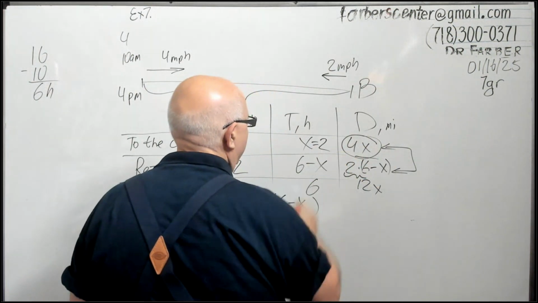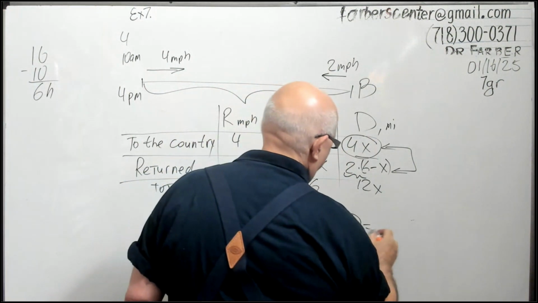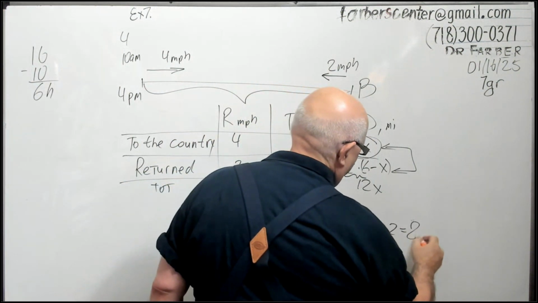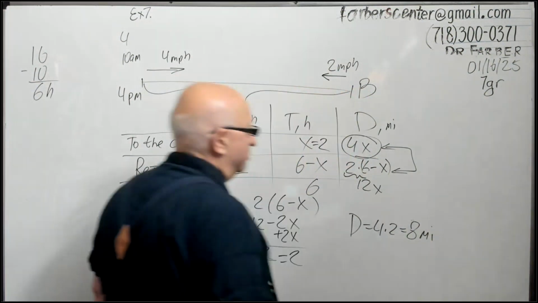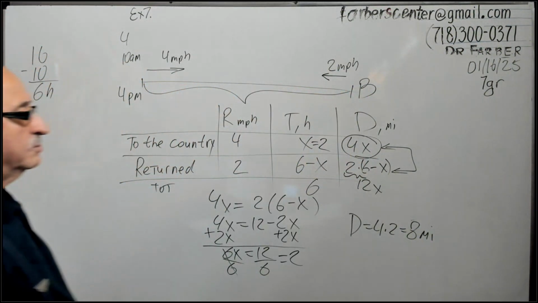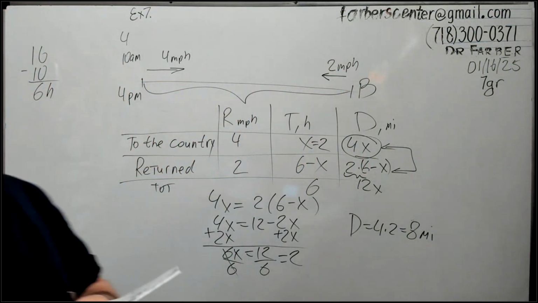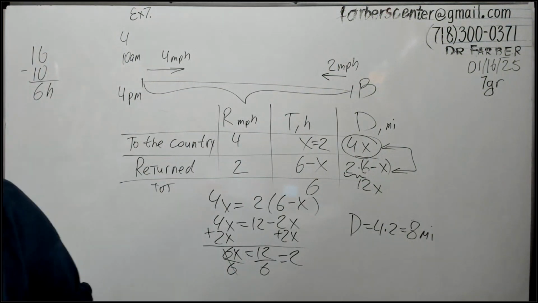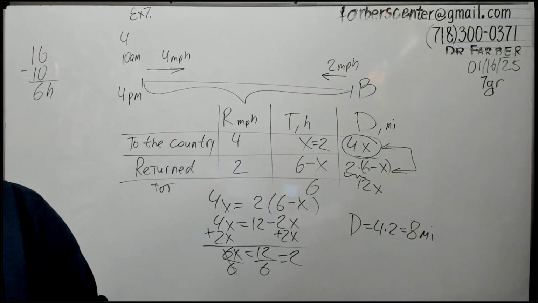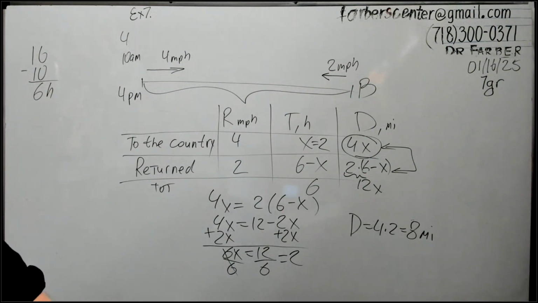If this is 2, distance equals 4 times 2, which is 8 miles. Okay, let's go to find distance. Now let me read the question. What do they ask you, right? Distance. Any questions? Understand up to this point?